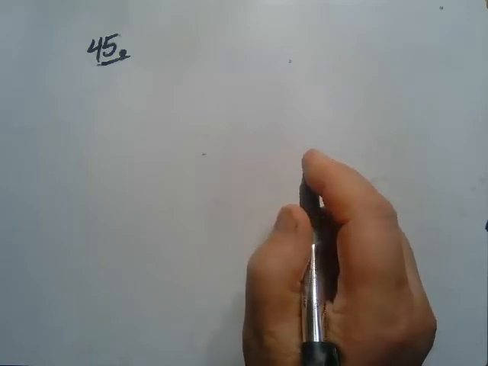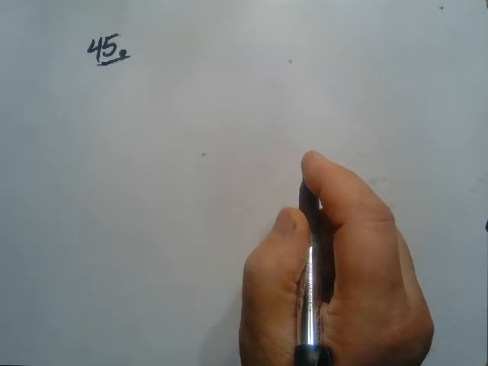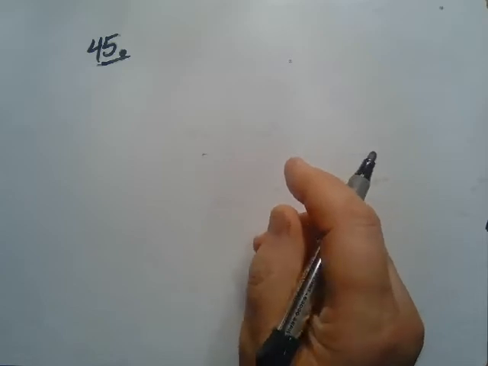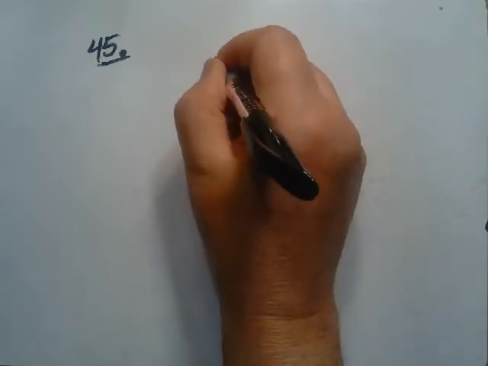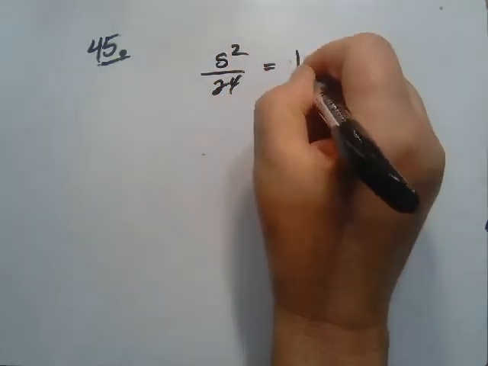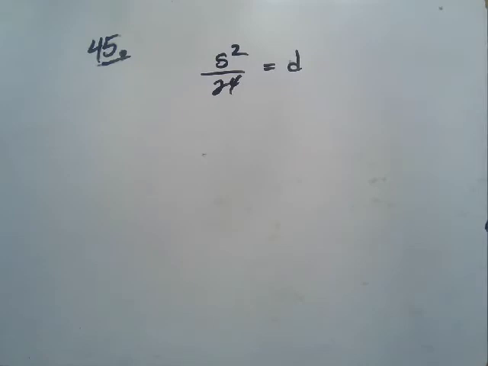If the skid marks are on dry concrete, the formula s squared over 24 equals d can be used. Let's jot that formula down. S squared over 24 equals d. Okay, now what does everything stand for here?